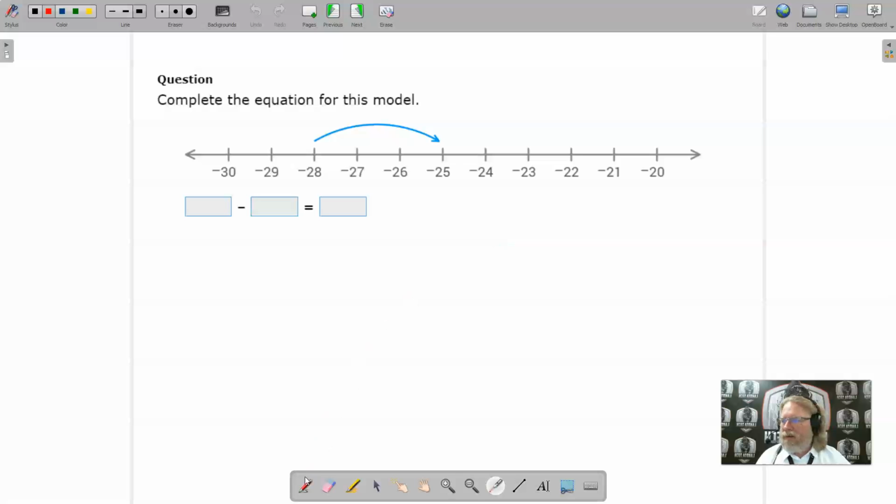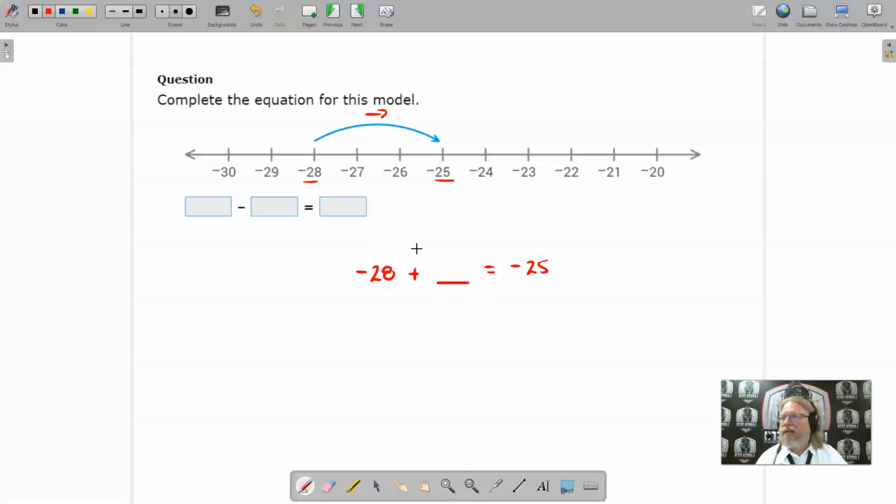So if we're going to write it as addition first, where are we starting from? -28. -28 plus, and are we moving to the right or the left? We're moving to the right, so a positive number is going to go in this spot, and equals where the arrow lands, that's -25.